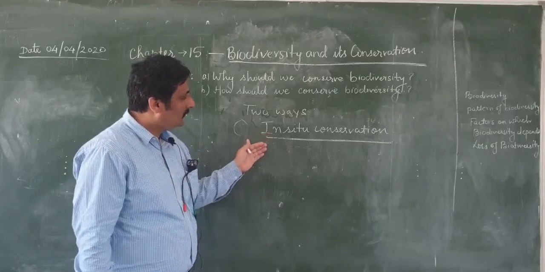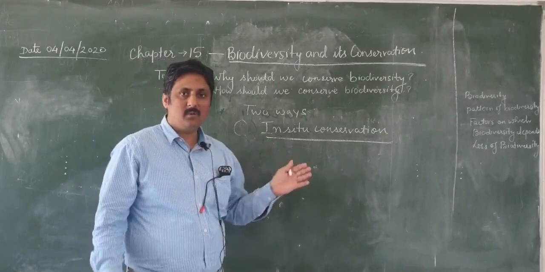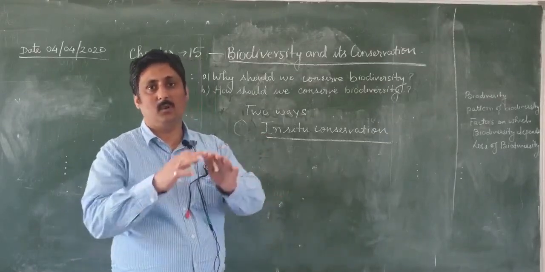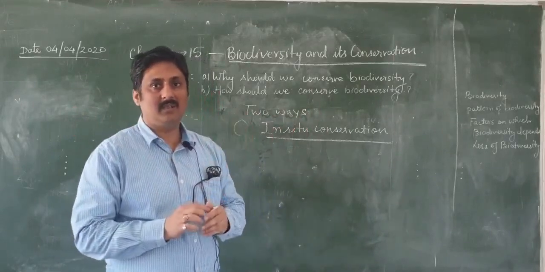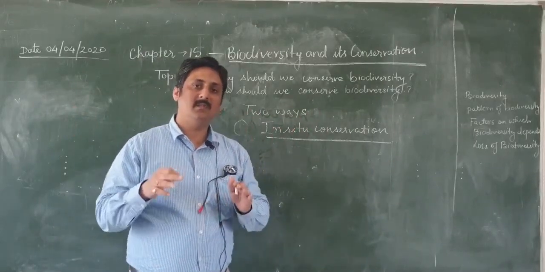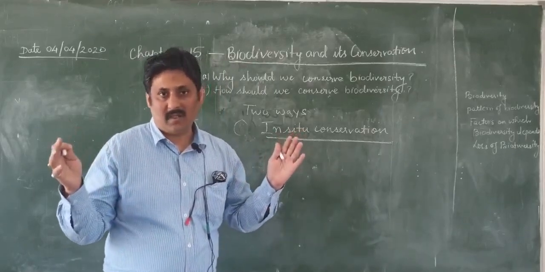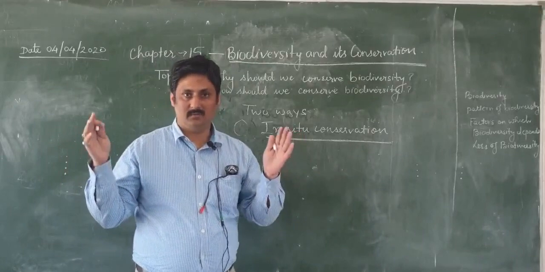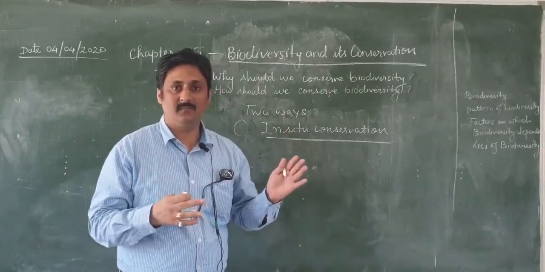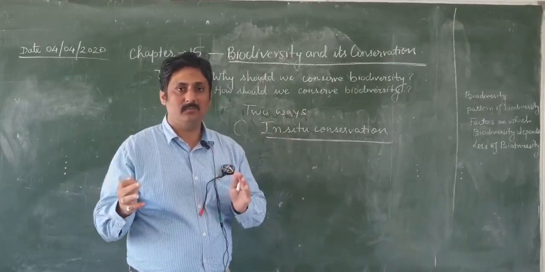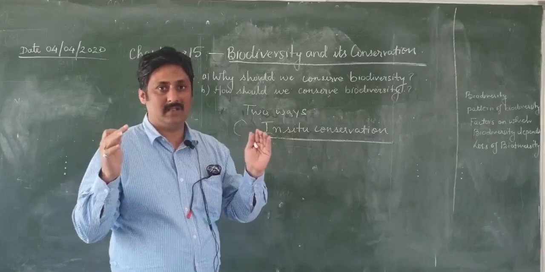You know that we cannot conserve all the area, so only a limited area we can conserve, and there are so many reasons why we cannot do so. We need land for building cities, factories, and agricultural land also. So there has to be some specific area that we can conserve.